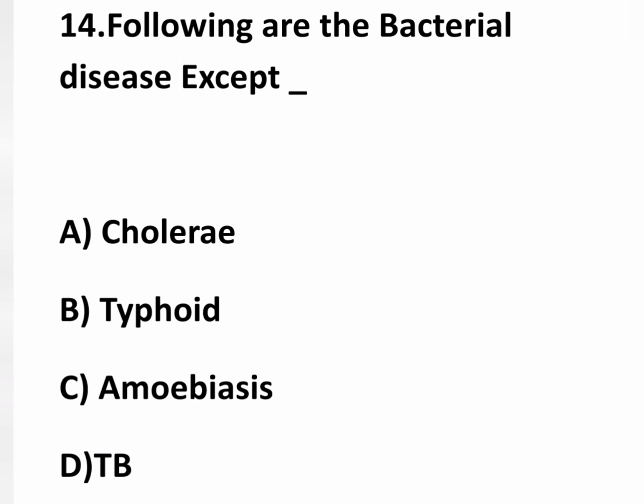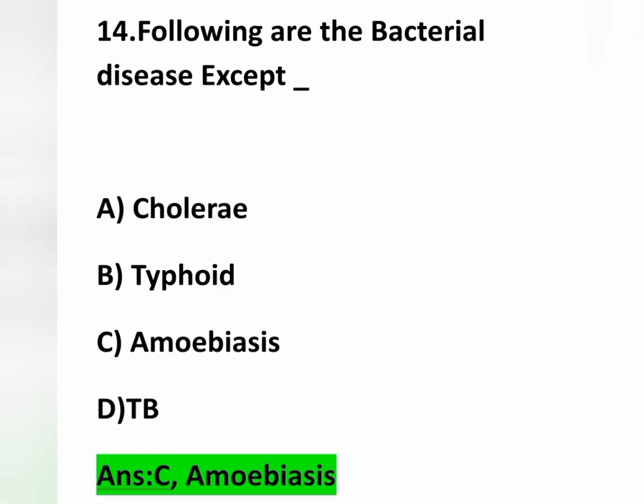Question number 14. Following are bacterial diseases except. Option A cholera, option B typhoid, option C amoebiasis and option D TB. Here the correct answer is option C. Amoebiasis is not a bacterial disease. It is a parasitic disease caused by Entamoeba histolytica.